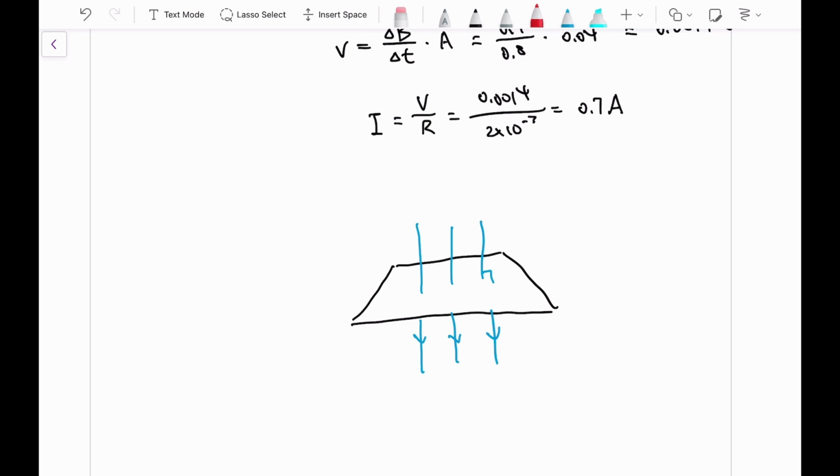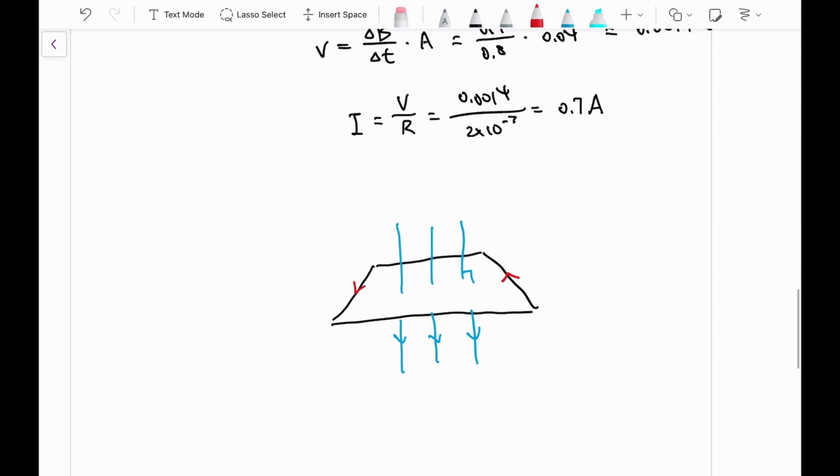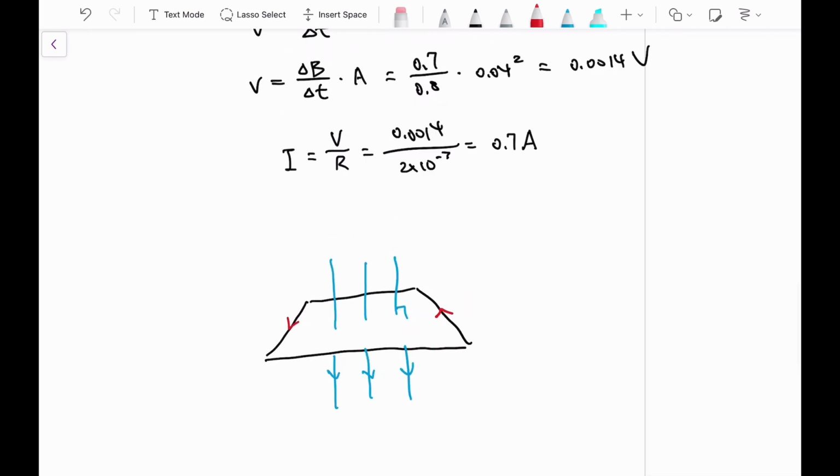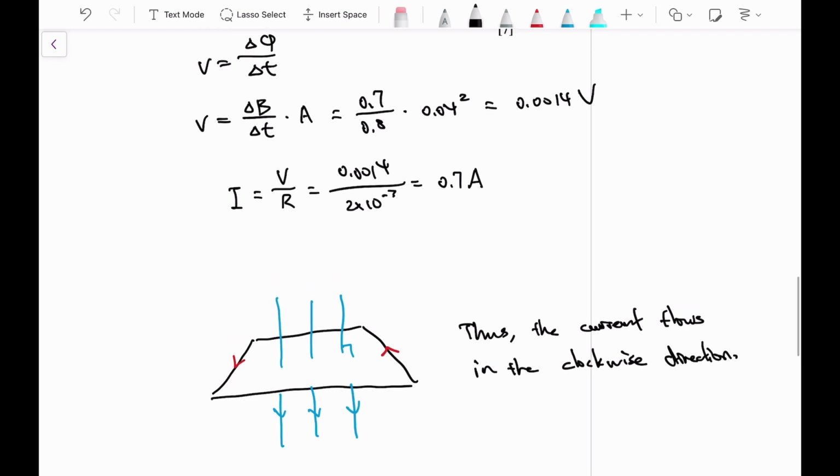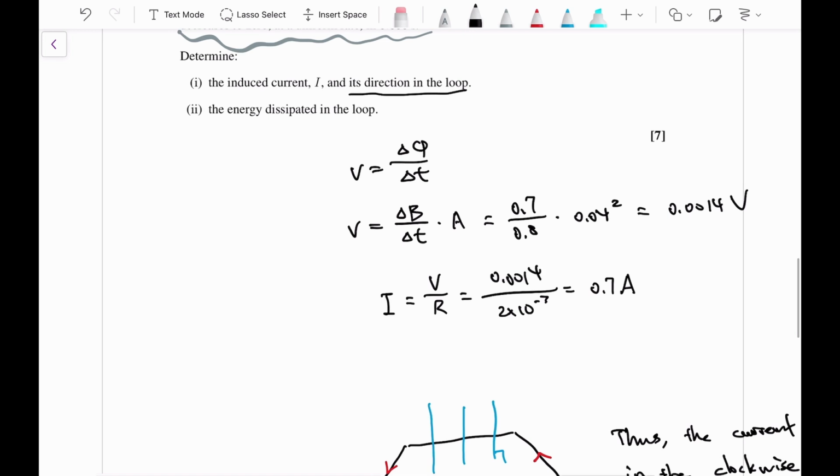Okay, so that will be in the clockwise direction. So we can say thus the current flows in the clockwise direction. And then let's see the second part.